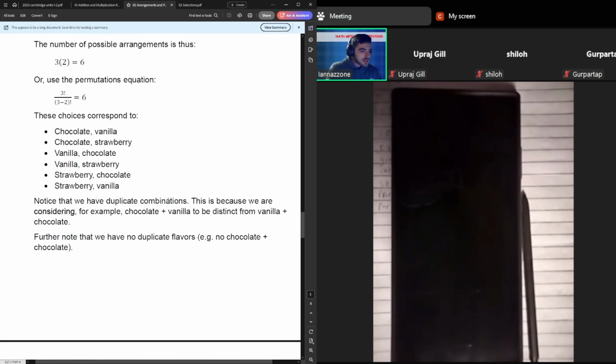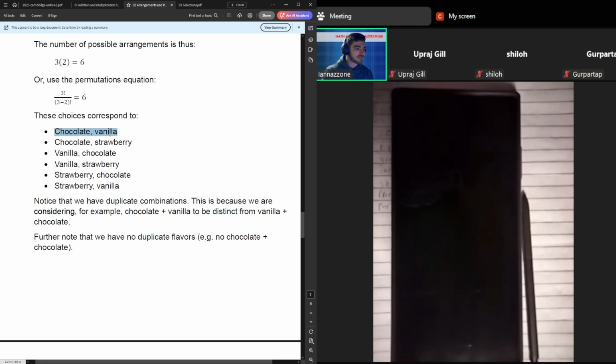One of the things to highlight is that the permutations equation comes with these, you can kind of think of them as duplicates. It really depends on the scenario. For example, we've got chocolate and vanilla here, but we've also got vanilla and chocolate as another combination. So suffice to say, when you do permutations, the combinations that you get from that result will have the order as a unique property.